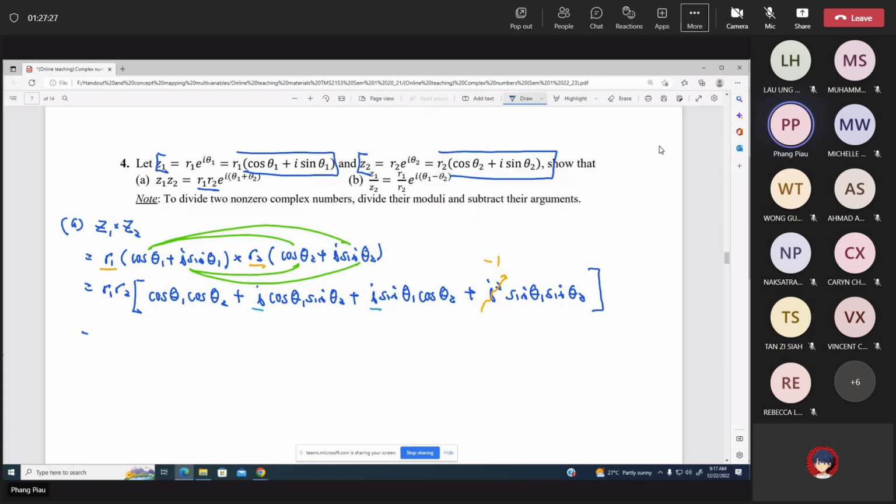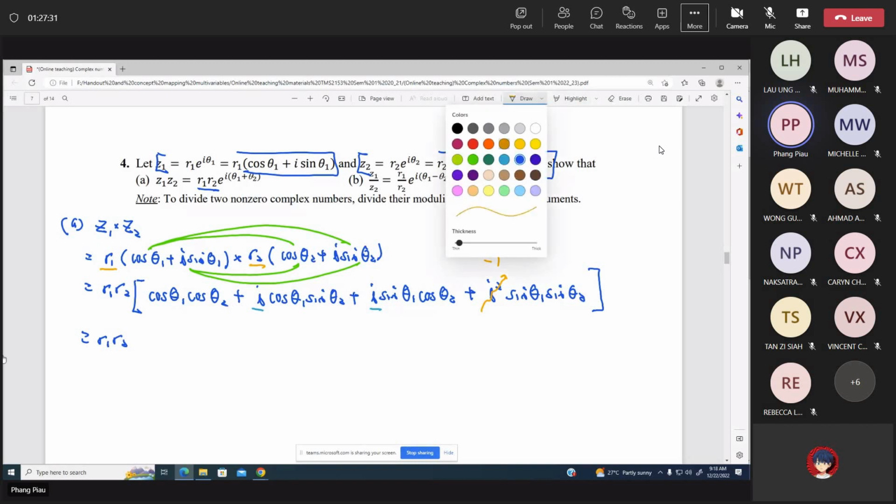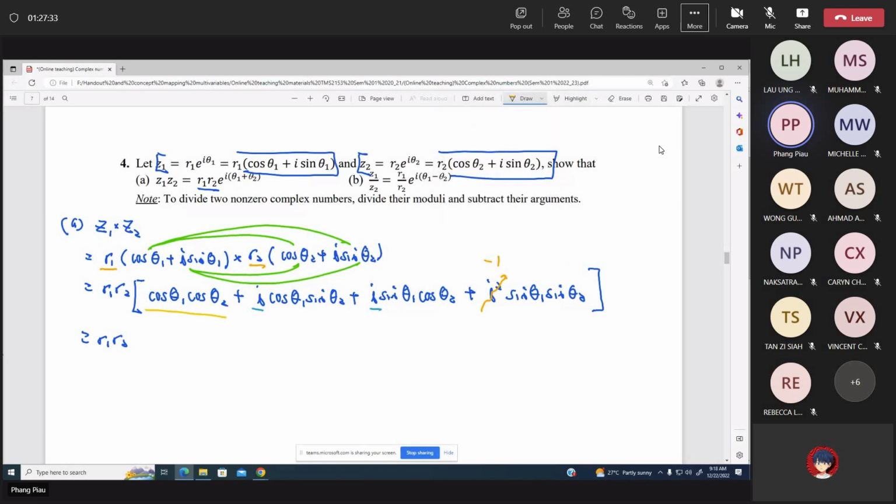I collect the two terms without the imaginary part, putting this as cos theta 1 cos theta 2 minus sin theta 1 sin theta 2.